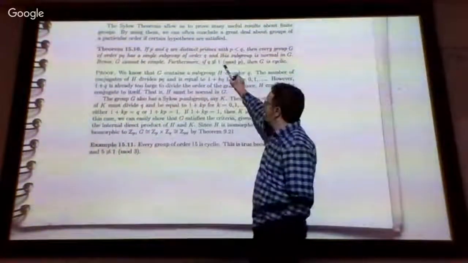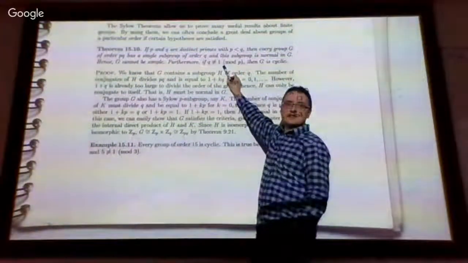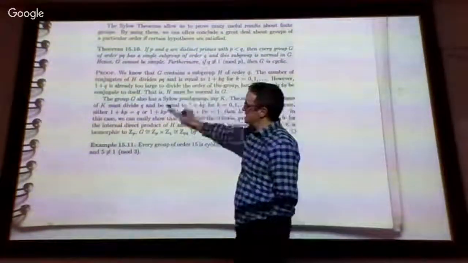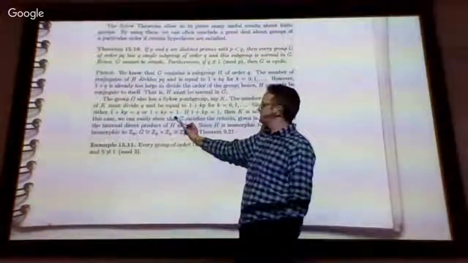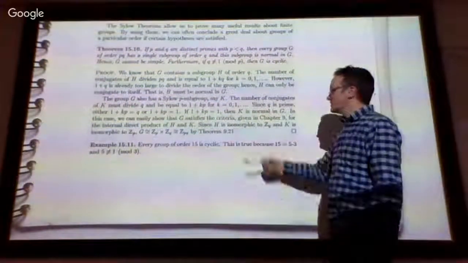So we're assuming that that's not the case. So it must be this possibility. So we're saying if q is not congruent to 1 mod p, then n is equal to 1. So i.e. K is normal in G.